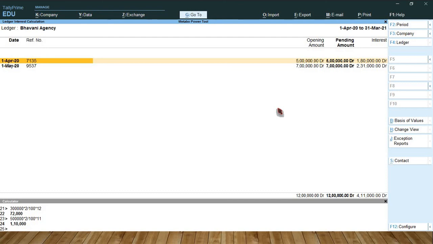Then only it will appear in the particular ledger accounts. So now the balance is showing 12 lakh actual cost, but not the interest amount. For that you have to pass two voucher entries, that is debit note voucher and credit note voucher.